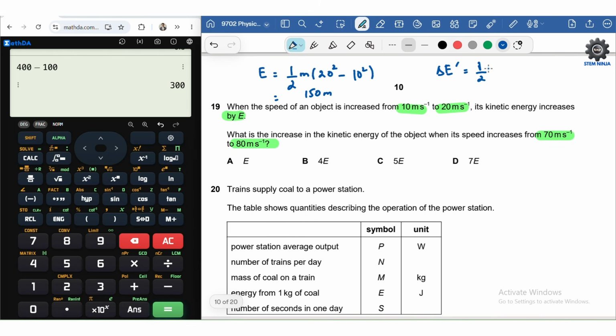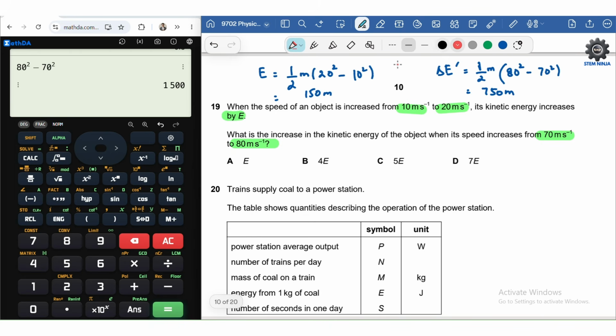Half. Mass is the same, but you are going from 70 to 80. Okay, so 80 squared minus 70 squared is 1500, so 750 m, 750 m mass.